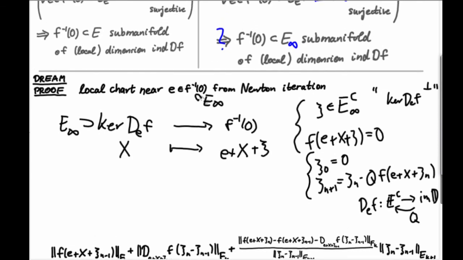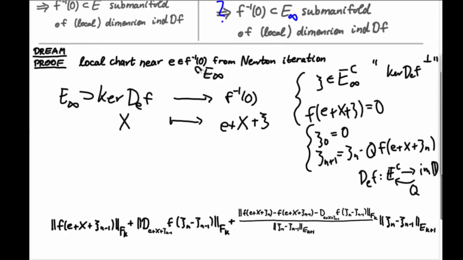But the problem is, when I now try to write out my iteration, right? So this should converge. So I'd like to get an estimate for norm Cn minus norm Cn minus 1.